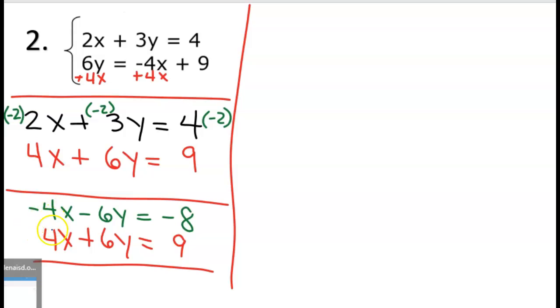Now, what happens when I add a negative 4 and a positive 4? This cancels out. What happens when I add a positive 6 and a negative 6? Just because of what these numbers happen to be, all of that cancels out. When it cancels out, what it's doing is zeroing out.